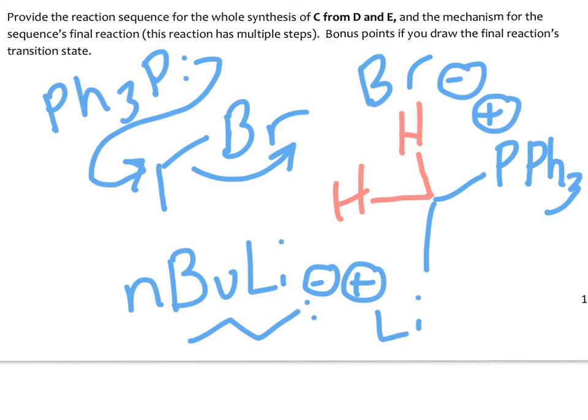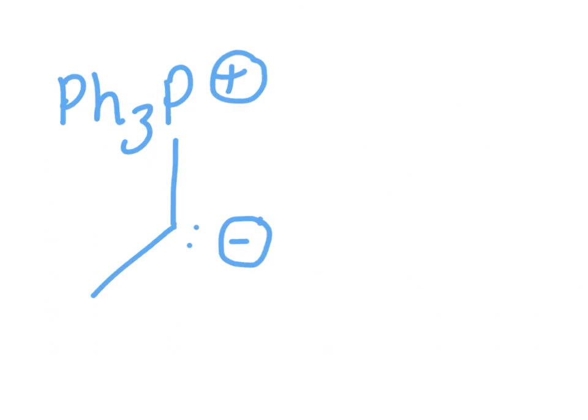Very, very basic. This will come in, deprotonate there, and that will form our ylide. So here's our ylide. We have the negatively charged carbon and the positively charged phosphorus.